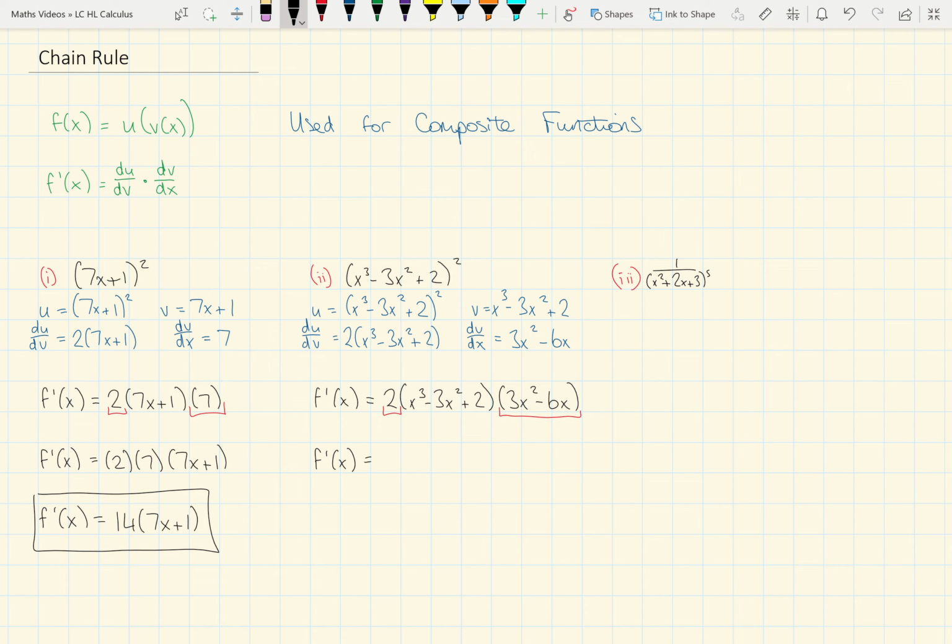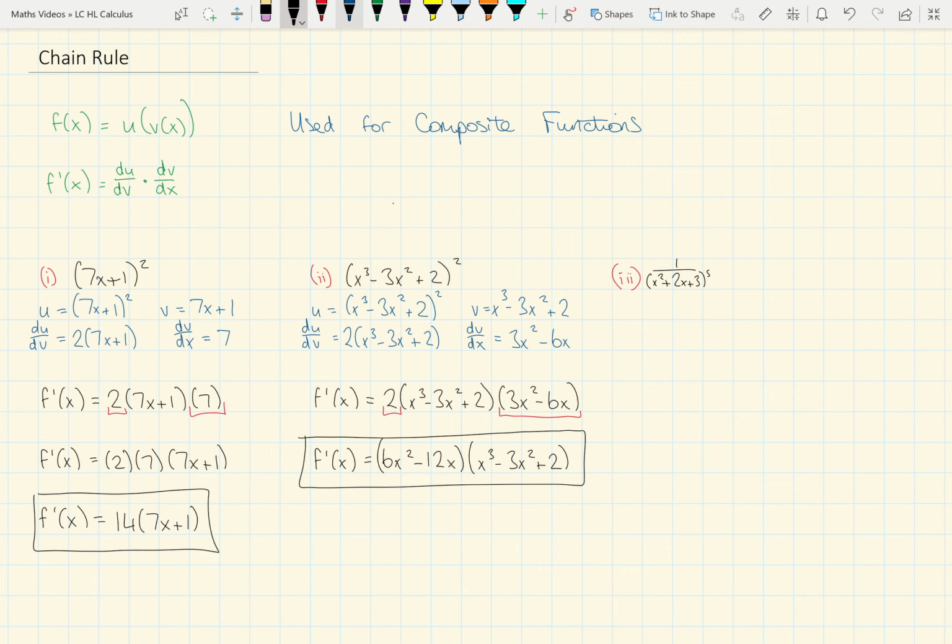Again, they're the same answer, just written a tiny bit differently. I'll multiply my first and last brackets, they're a bit smaller. So 3x squared by 2 will give me 6x squared minus 6 2's are 12x. And then we have x cubed minus 3x squared plus 2. There's our answer to part 2.